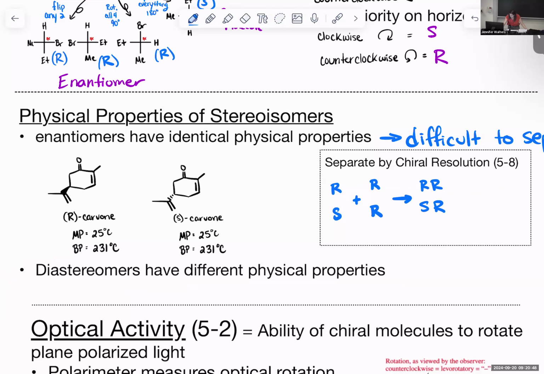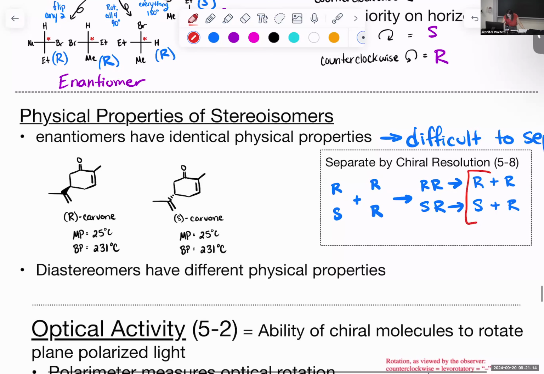So then when I physically separate them and put them into different bottles as diastereomers, all I have to do is now take that chiral resolution agent, that R piece, I just got to pull it back off. So I put it on so I can separate them, and then I pluck it back off to get my R plus R and S plus R to now have them separated.